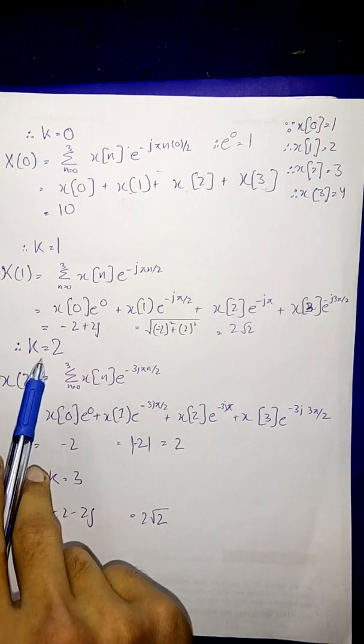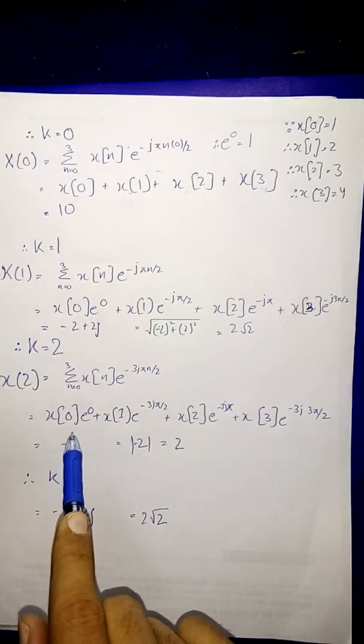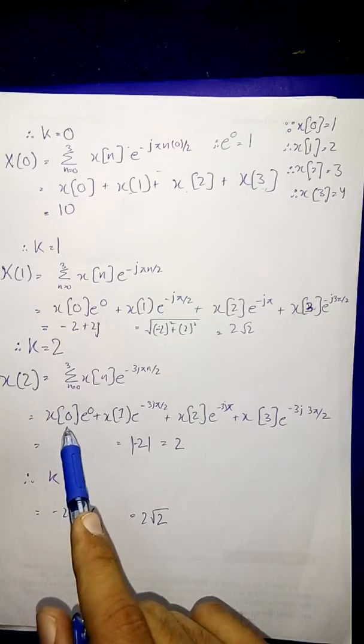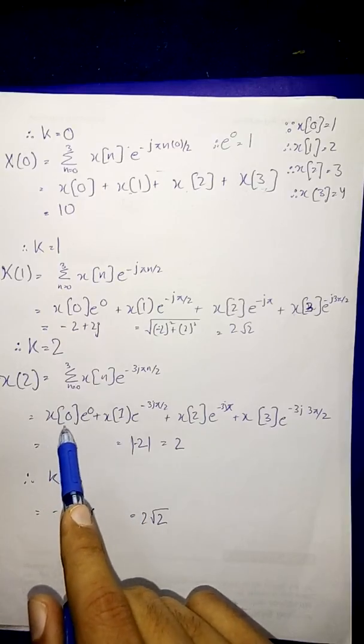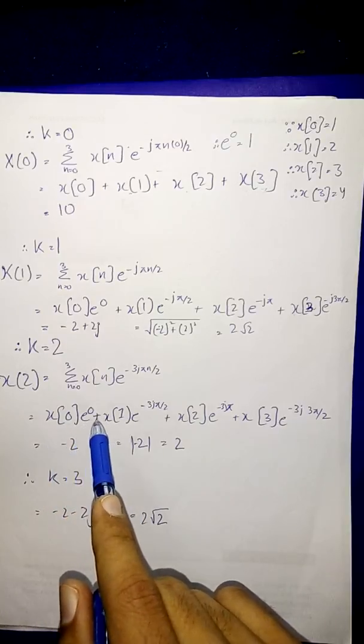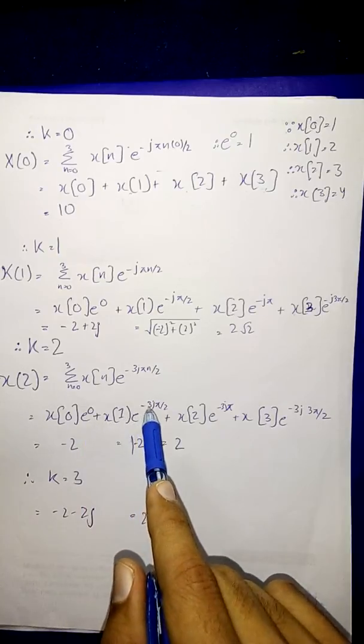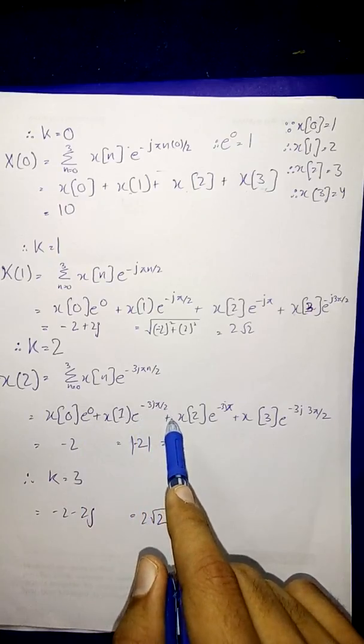Now for k equal to 2 we have the following sequence. For x of 0 we have 0, e to the power 0, and for x of 1 we have minus 3j pi by 2.